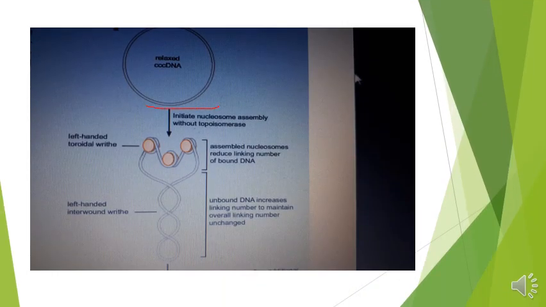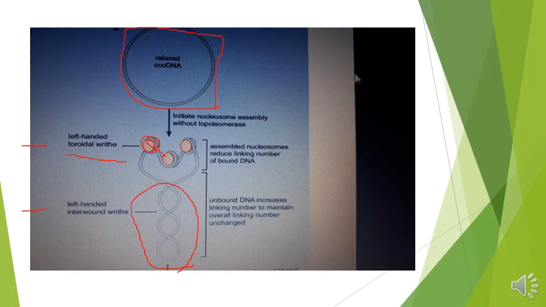And also this DNA, you know that this is relaxed, right? But if we wrap this DNA around this protein in a left-handed fashion, so left-handed toroidal, right, it will produce negative supercoiling. But in the lower part of this DNA, positive supercoiling will be produced.